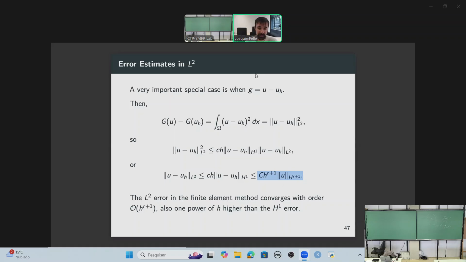As you can see, the L2 error in the finite element method will converge with a rate of r plus 1, which is 1 power of h higher than the H1 error. And that's all that I wanted to tell you today. If you have any questions, just let me know.